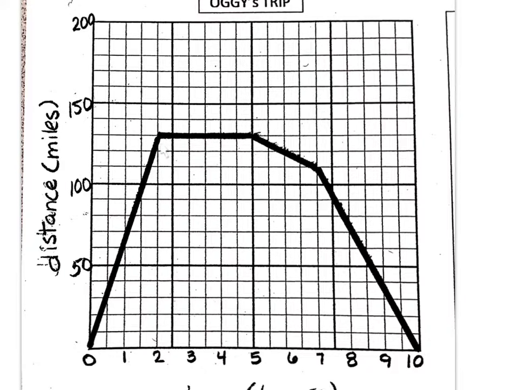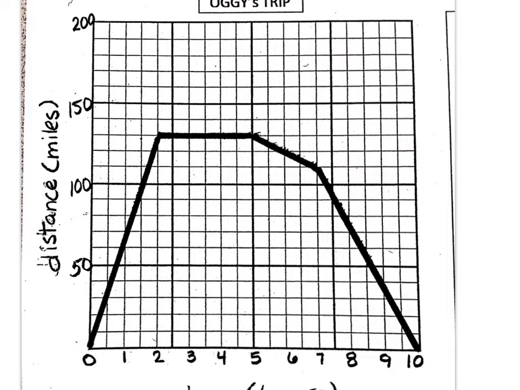And then we have a second leg, which is where our graph plateaus. And then the third leg, and our fourth leg that take us all the way back to the bottom part of the graph. For each leg, you can find the rate of speed by doing some simple calculations.